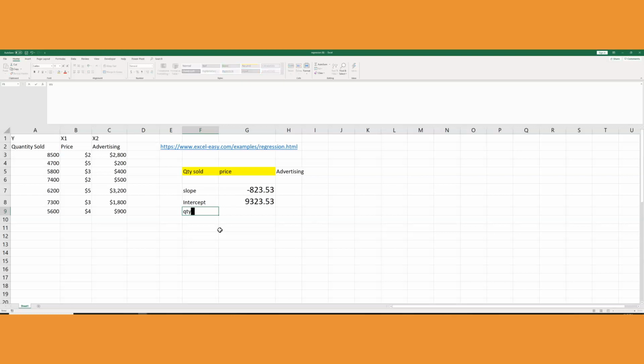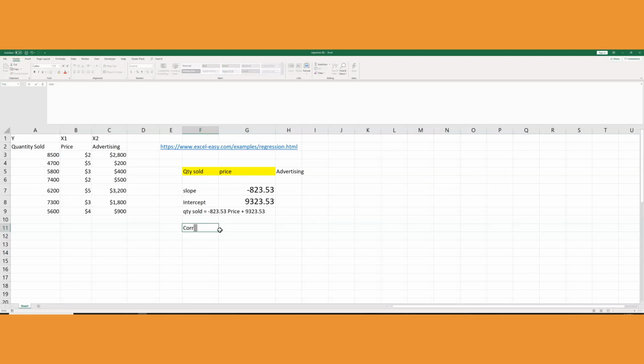It's going to be quantity sold is going to be equal to minus 823.53 multiplied by the price, whatever the price, plus 9,323.53.